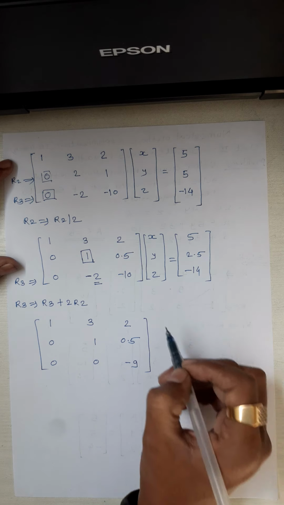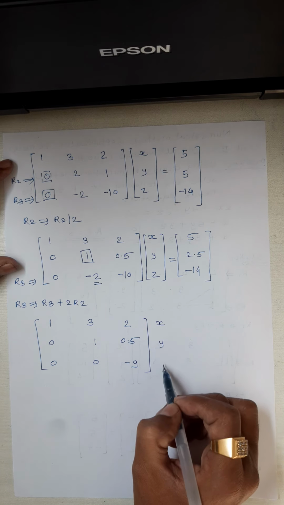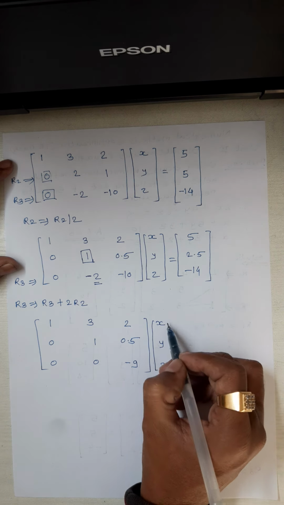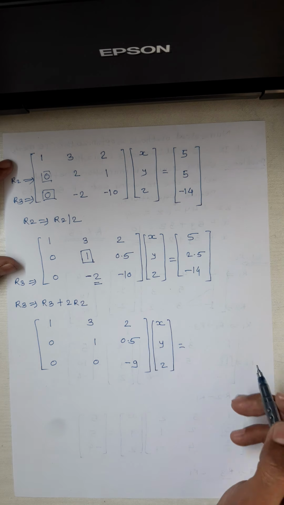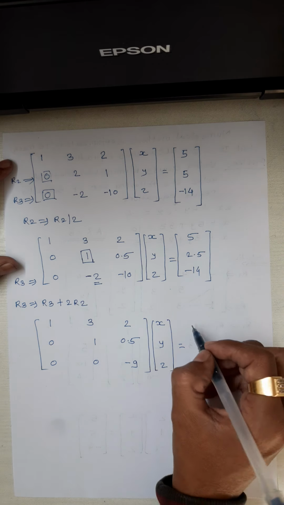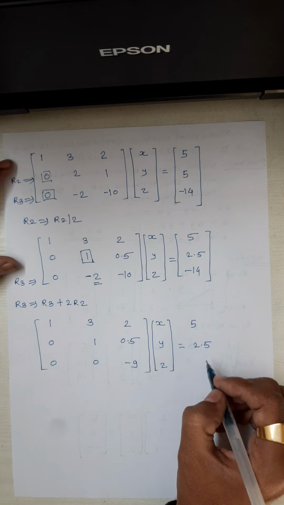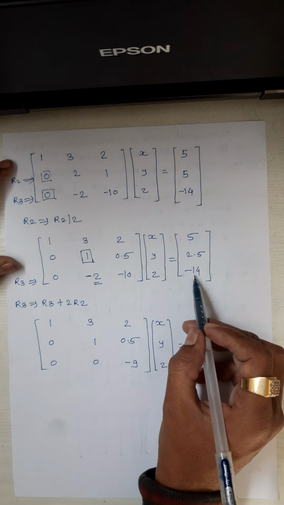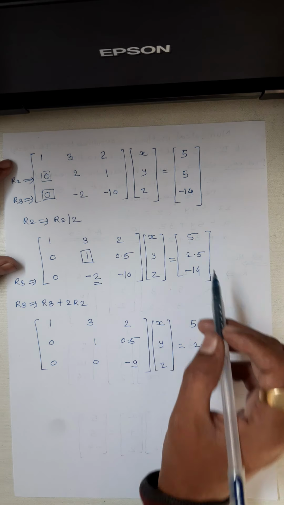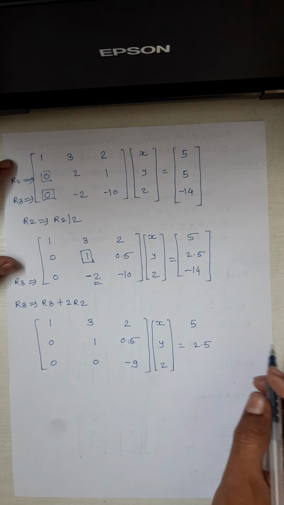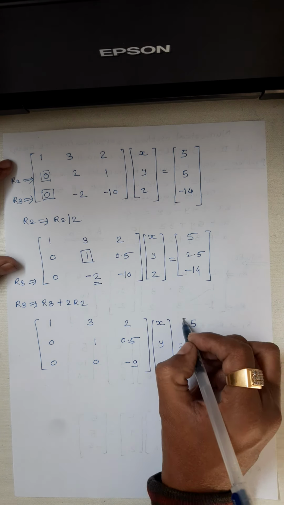So into x y z is equal to 5, 2.5 and R3: minus 14 plus 2 into 2.5 is nothing but minus 9.